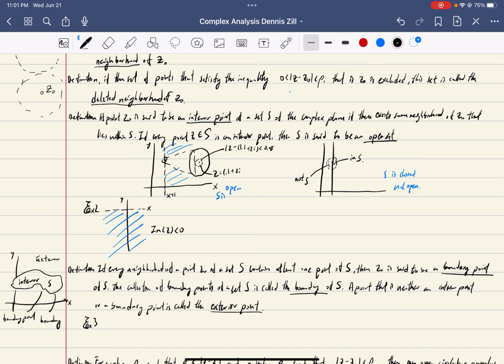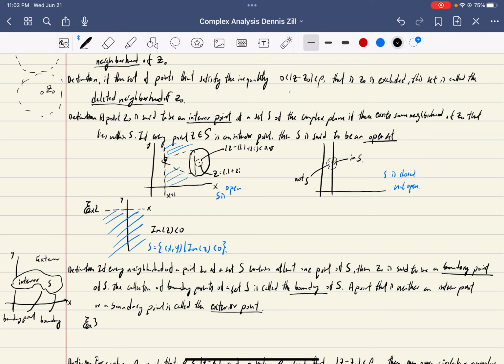So this defines S. Let's do it in a more mathematical way that the textbook didn't write. We define S as all of the points z such that the imaginary part of z is less than 0.